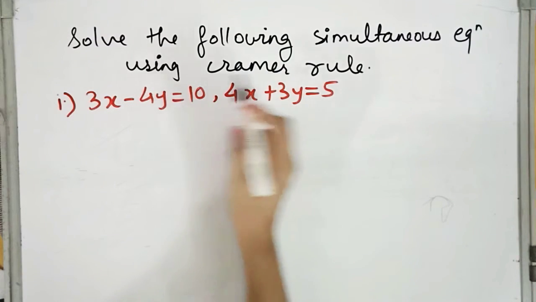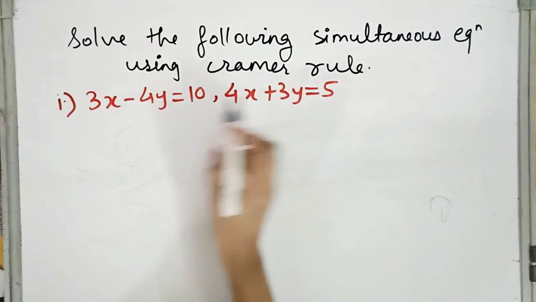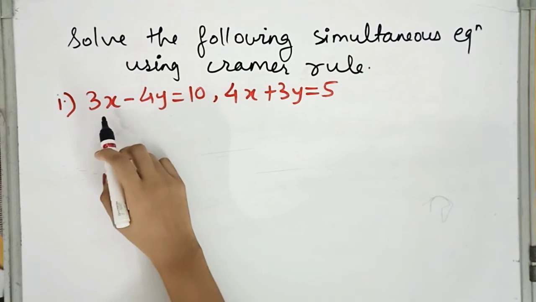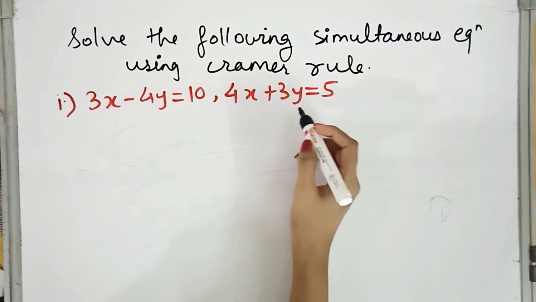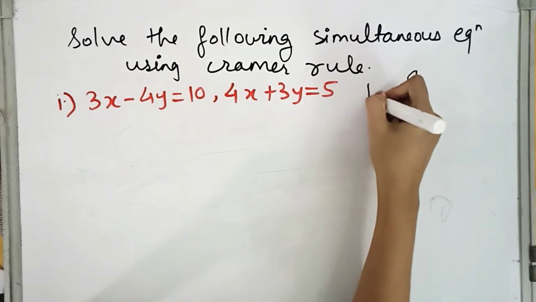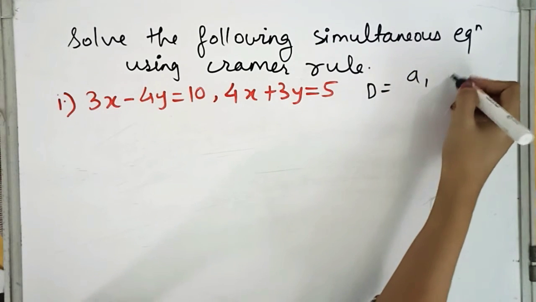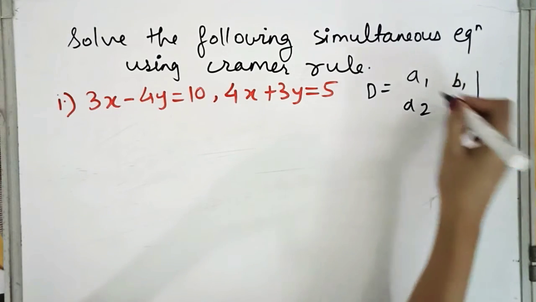Now let's solve the following simultaneous equations using Cramer's rule. There are two equations, 3x minus 4y equals 10 and 4x plus 3y equals 5. First, determinant D is a1, a2, b1, b2.